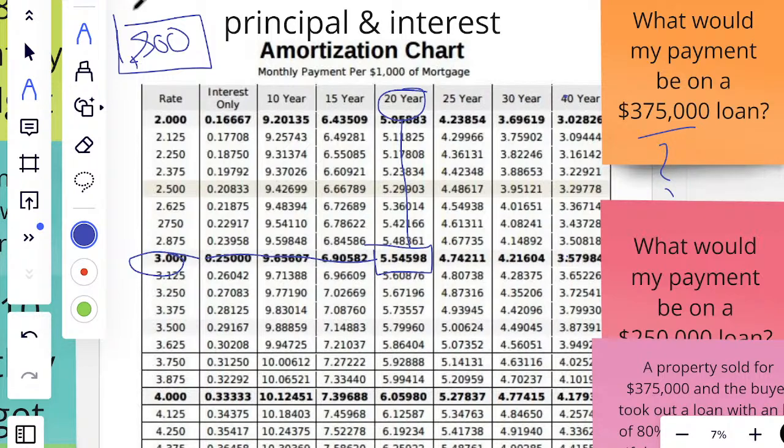We have their monthly budget, and we know the monthly payment per $1,000 of a mortgage. So the question is, what is our first step? I'll give you about 30 seconds to answer it, then I'm going to tell you.